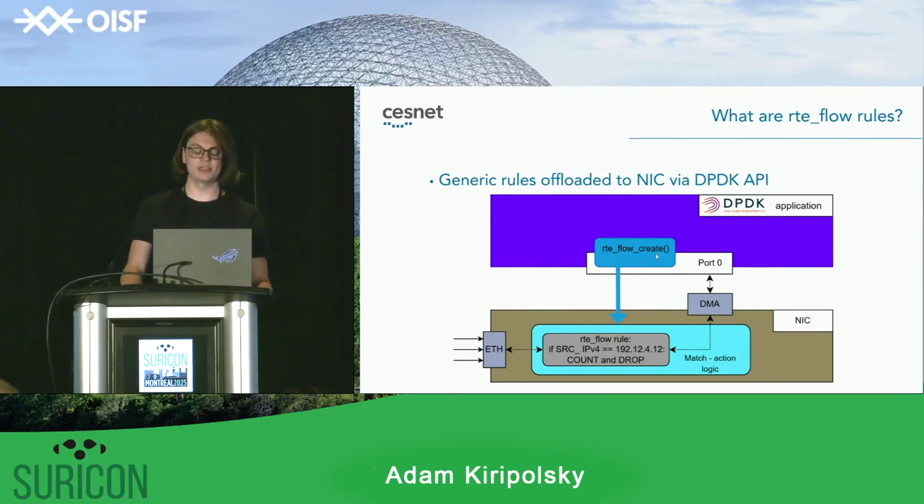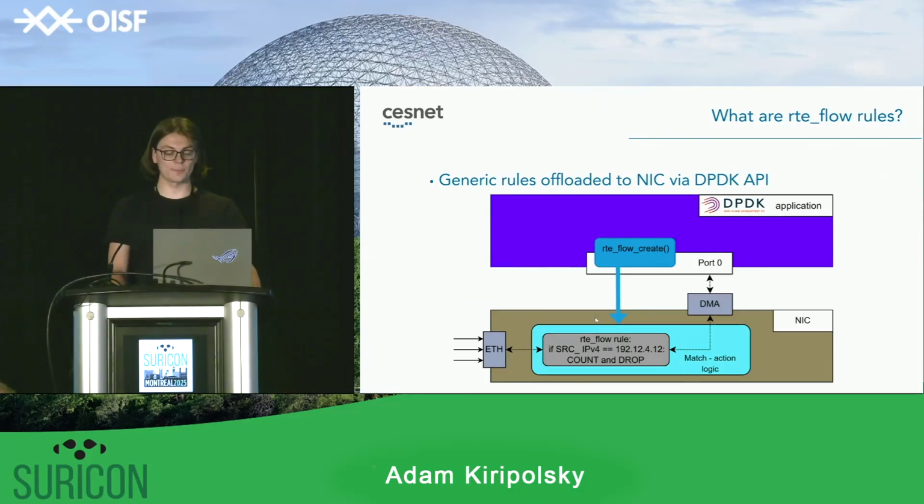The application creates the rules and loads them into the hardware with this API call. And from now on, the rule lives in the hardware until changed otherwise. Either the application can destroy the rule, or it should be automatically destroyed when the application ends. That's assured by DPDK.